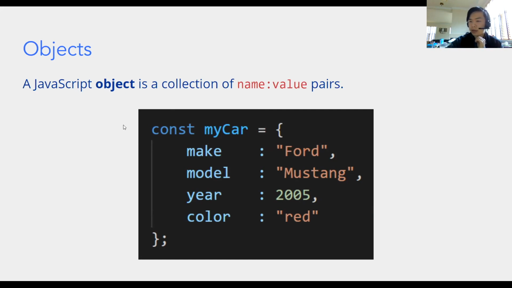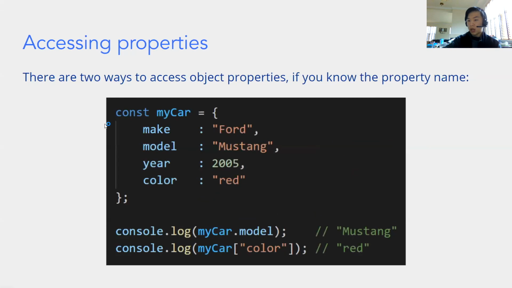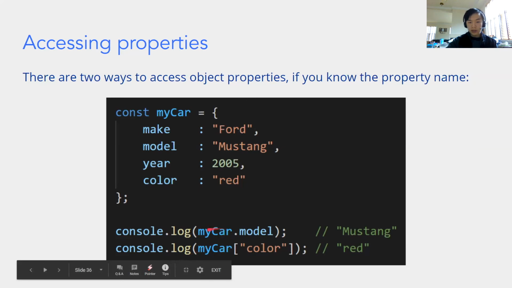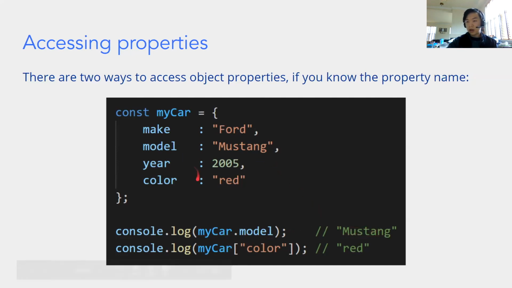So what can we do with this? Well, the most natural thing we might want to do once we have an object is to access its properties. We want to know, given an object, what values does it have. There's 2 ways to do it in JavaScript. One way is with this syntax here, which is the name of the object dot the name of the property. So myCar.model will give you the model of the car.